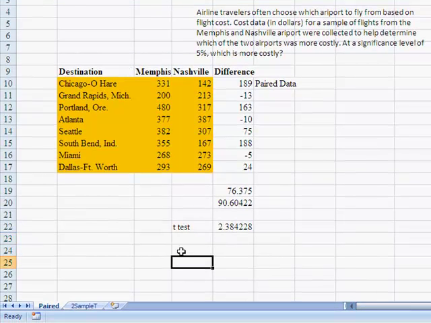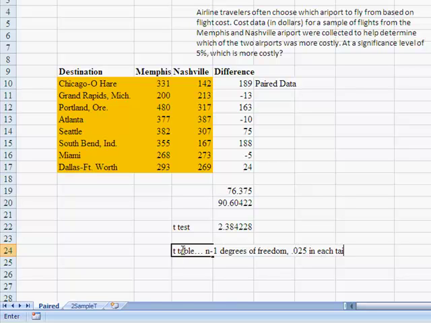Well, all right, but is that t strong enough to reject a null hypothesis of no difference? To do that, we need to look at the good old t-table, and you look for n-1 degrees of freedom at a two-tailed test, which means I need 0.025 in each tail.